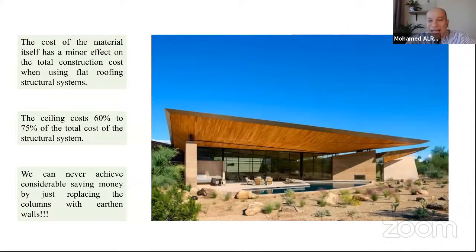So it doesn't make any sense to have just a wall of earthen material, and then construct your ceiling and the other elements of your structure with other, different materials. You will never achieve a considerable decrease, or a good saving in the total cost, by just replacing the wall material.